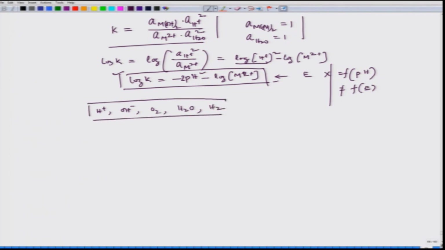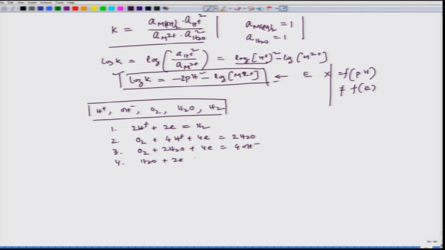So, these 5 species can have the following reactions: first, 2H plus plus 2E equal to H2; second, O2 plus 4H plus plus 4E equal to 2H2O; third, O2 plus 2H2O plus 4E equal to 4 OH minus; and fourth, 2H2O plus 2E equal to H2 plus 2OH minus.